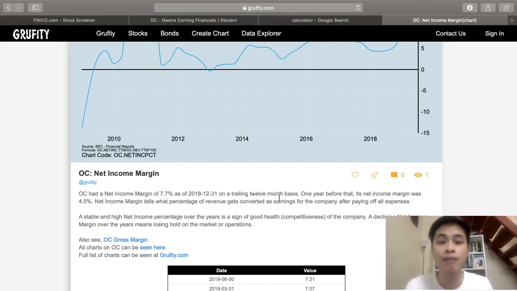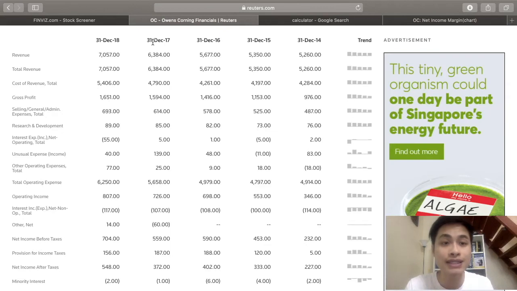It means that Owens Corning had a net profit margin of 7.7% between the financial period 31st December 2017 to 31st December 2018. So let's check. As you can see, this is between the financial period 31st December 2017 and 31st December 2018. So that is how we derive the net profit margin of a company.